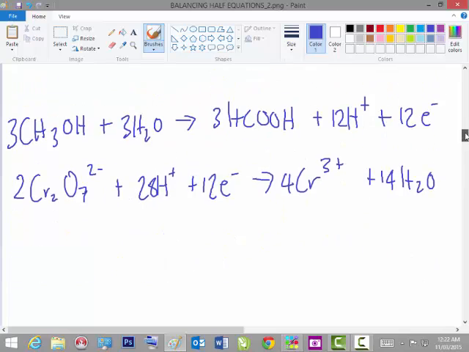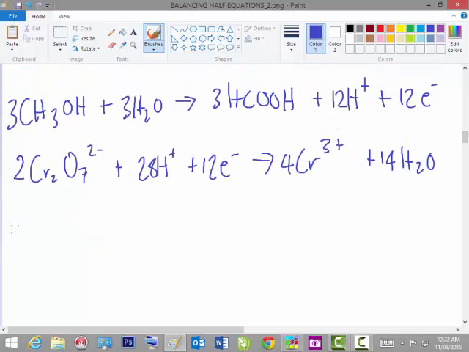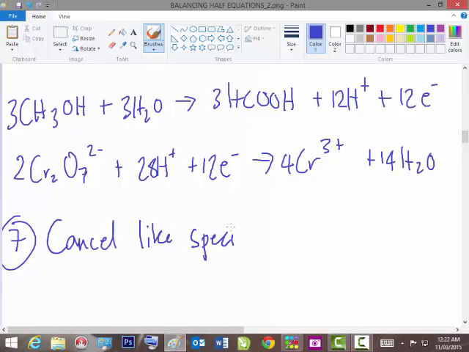Right, now because we have to combine both of those equations together, we eliminate, so the seventh step, step number 7, is cancel like species from each side.